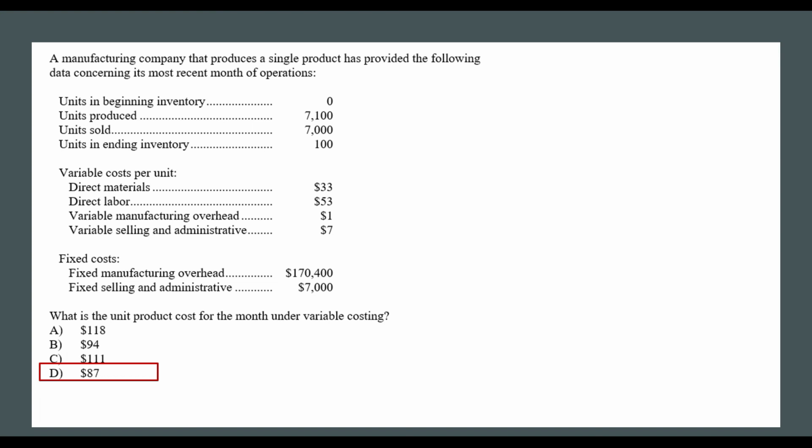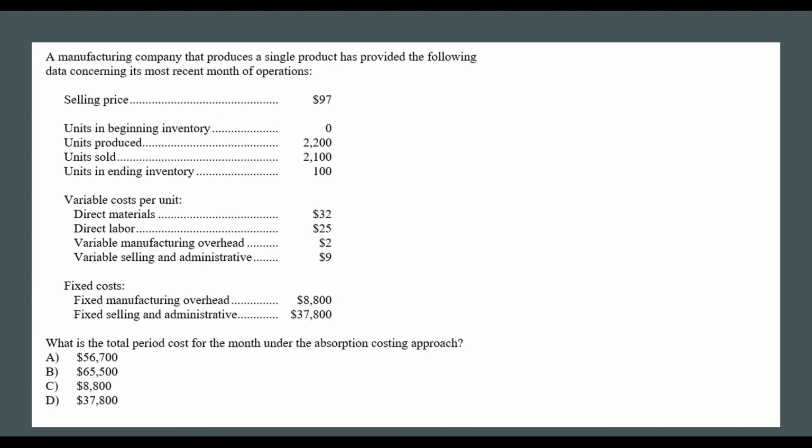And your fixed manufacturing overhead will be what? Treated as part of your period cost, and it will not be part of the unit product cost. So it's very easy. You need only to add these three items. Okay? And it should give you a total value of $87 per unit. So the answer is letter D.